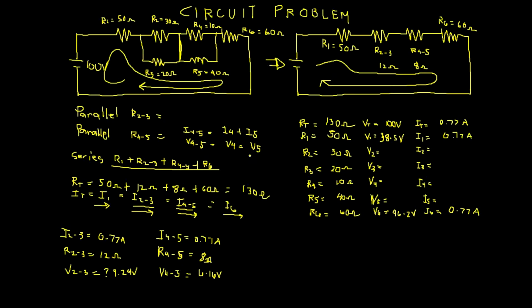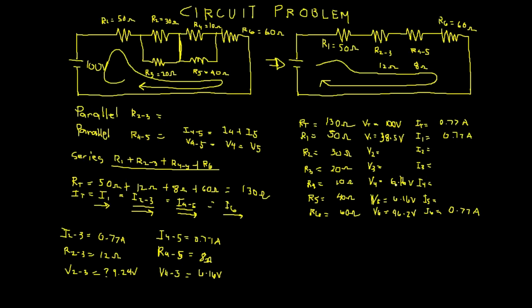So mayroon na tayong value na 6.16 volts ang ating V4 and V5. So pwede na natin ngayon makompute yung I4 at I5.